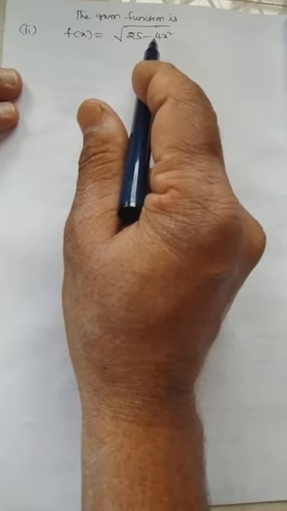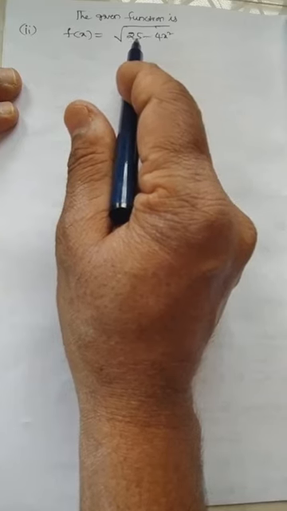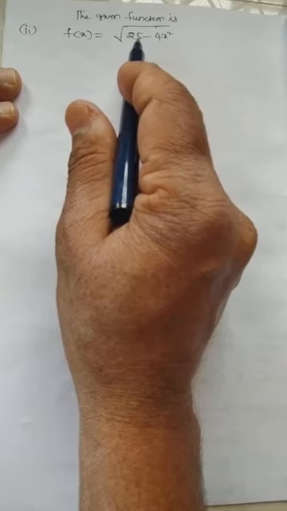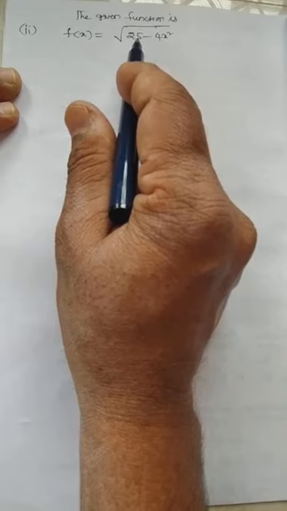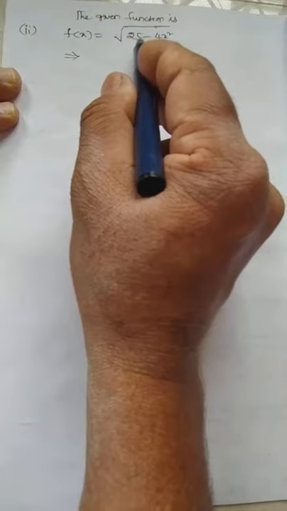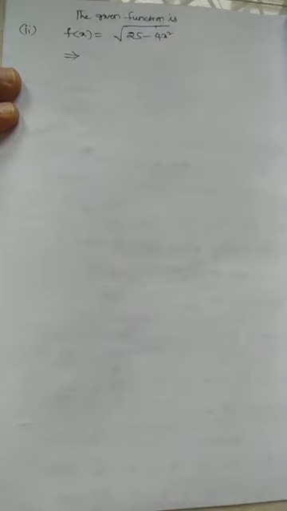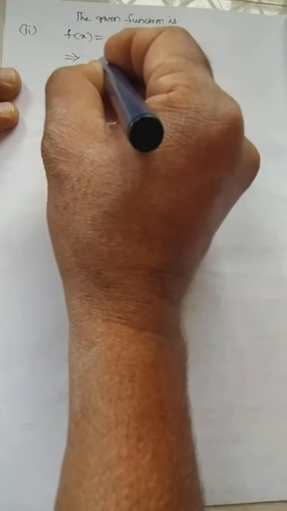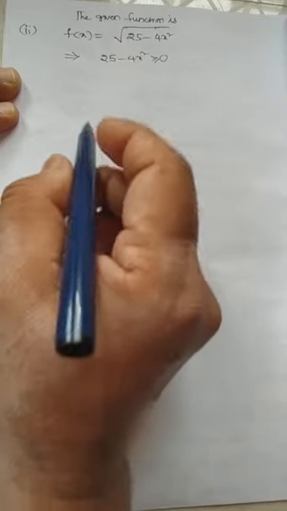For this function we have to check its domain. It does not take all real values, so we have to check first what values it will take. For f of x to be a function, the under root value must be greater than or equal to 0.